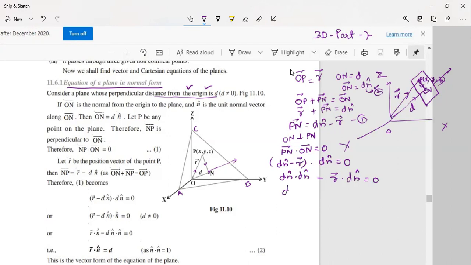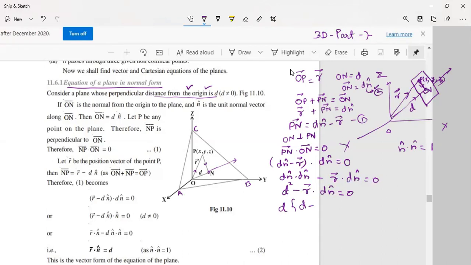Now d into d is d square, and n cap dot n cap, what will be the value? N dot n is 1. A dot b, both magnitudes are 1, so their product will be 1 only. So we get r dot d n unit vector, and this d is a scalar quantity, so d we can take out common.